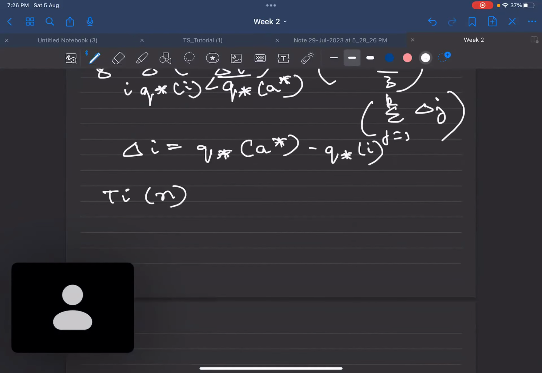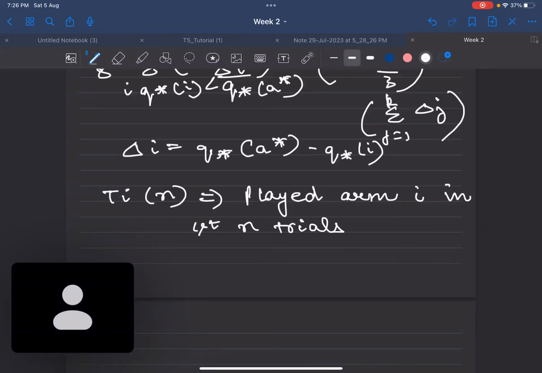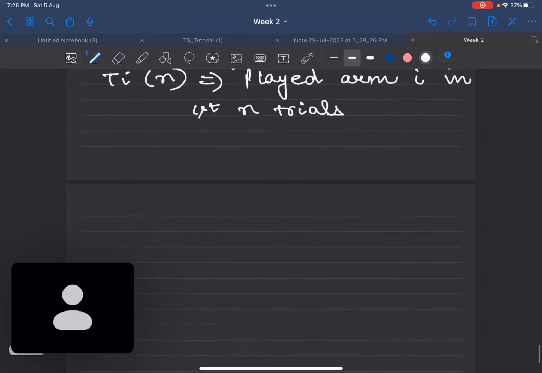So what is this? How many times I have picked the arm I, so basically played arm I in the first n trials.